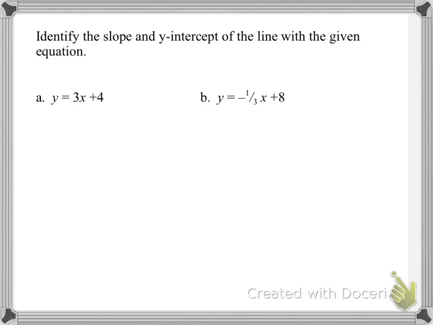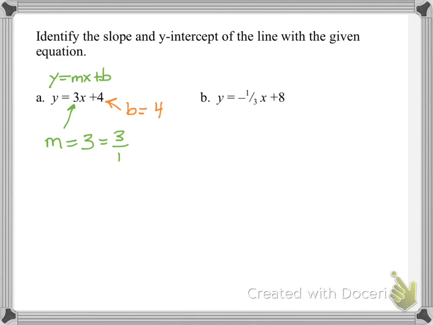So for equation A, this is written in y equals mx plus b form, conveniently. The slope, which we call m, is simply 3, the number 3. Or like I said, since we like slope as a fraction, you might write 3 over 1. So that's the slope. The y-intercept is simply 4.